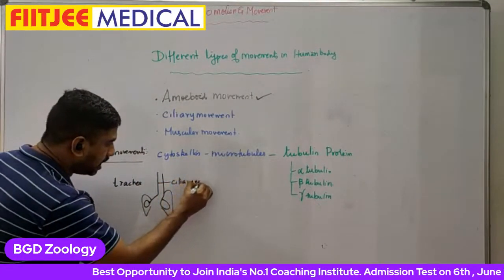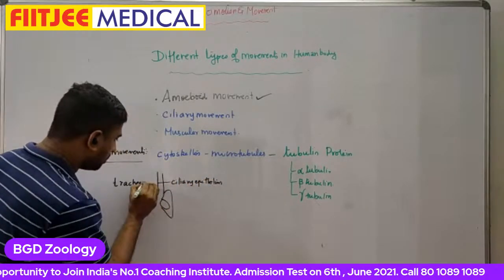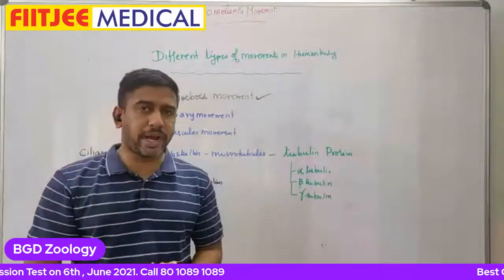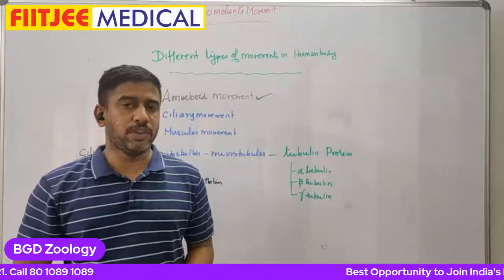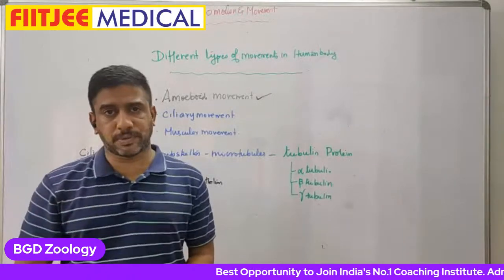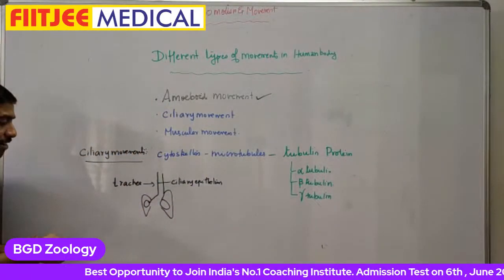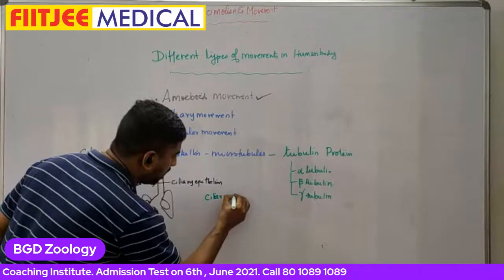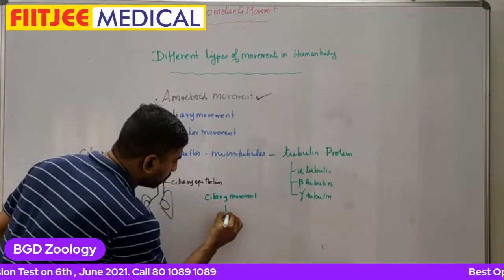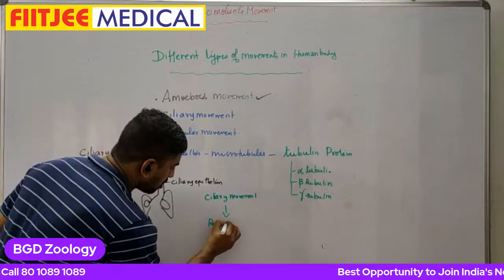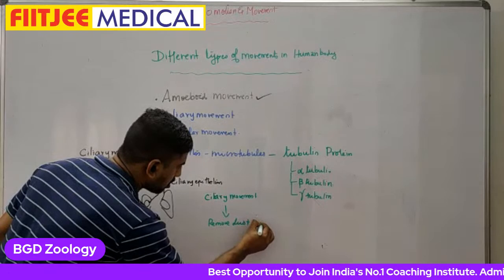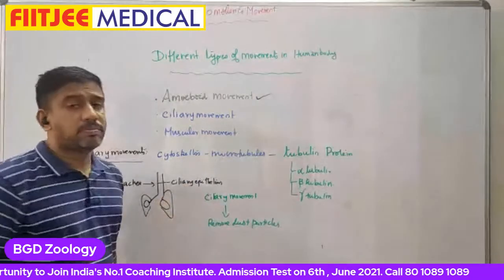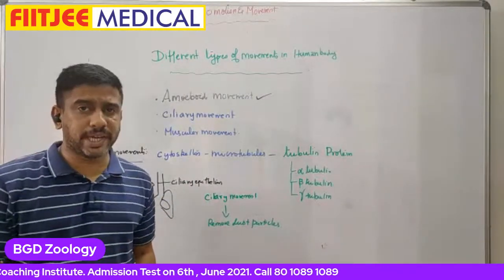What is the use of this ciliary action in the trachea? Everybody knows that our upper respiratory tract is very much exposed to dust particles and other microbes. So with the help of this ciliary movement, we can remove the dust particles. That's the use of this ciliary movement in the case of the trachea.